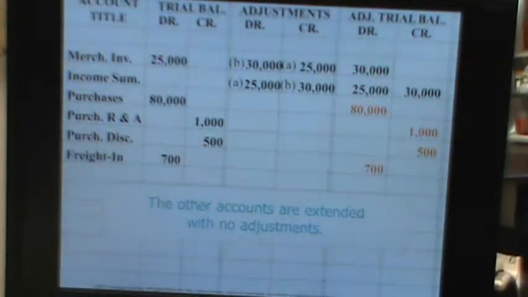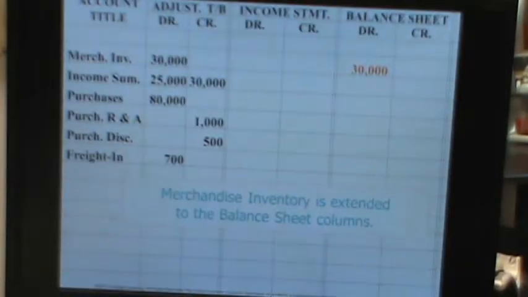The rest of these that aren't adjusted just transfer over, just like usual with your old worksheets. If there's no adjustment to be made, they go straight over to the adjusted trial balance column. Then, same as usual, merchandise inventory is extended to the balance sheet column, not the income statement column.